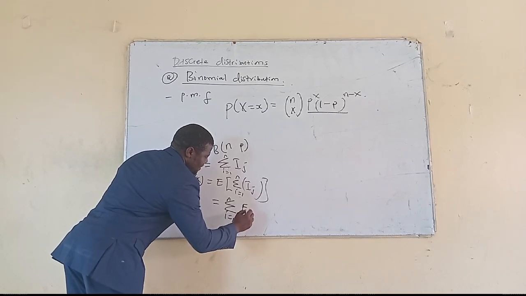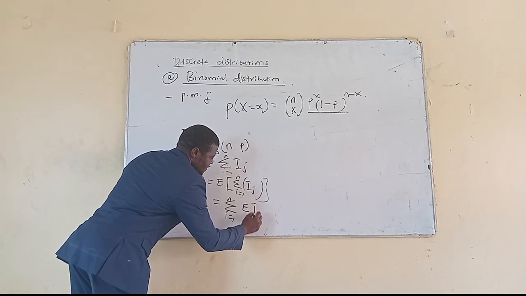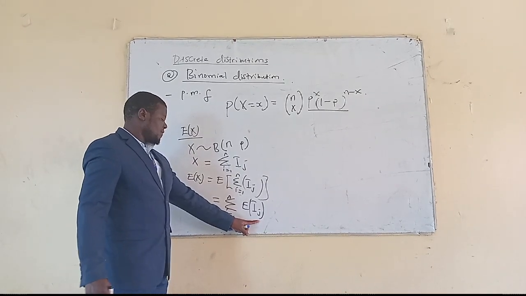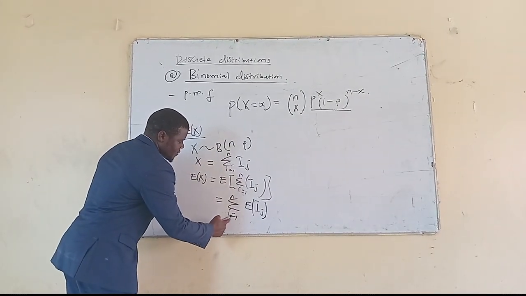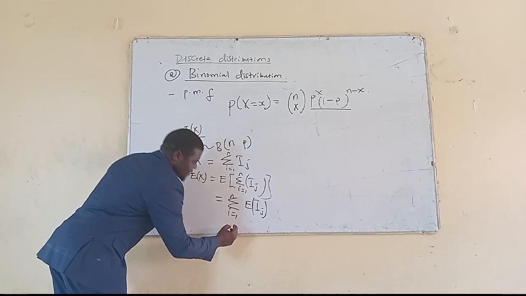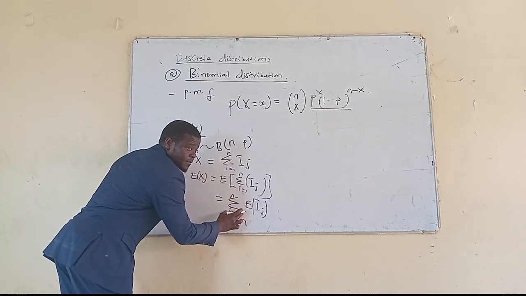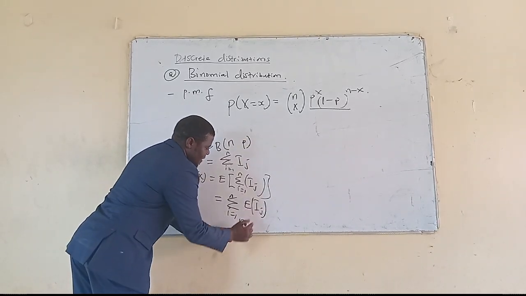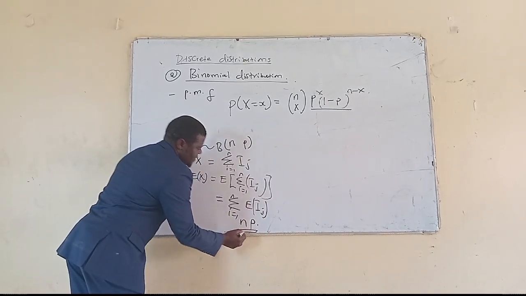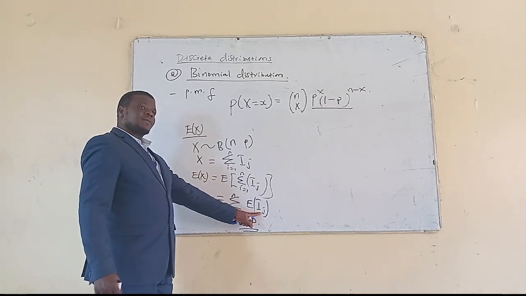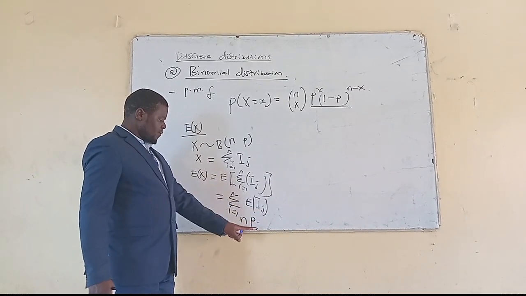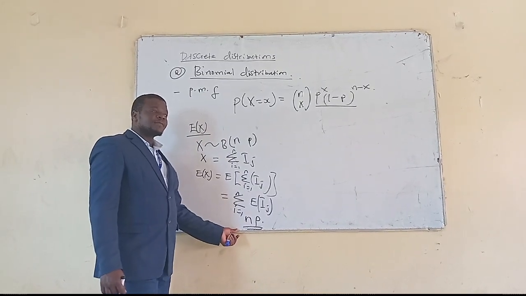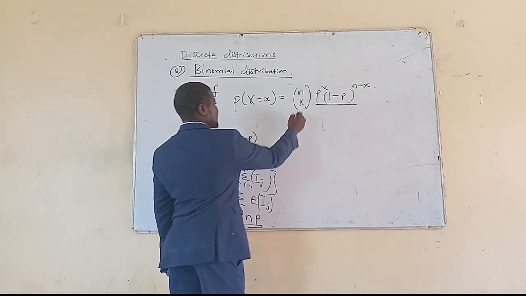You bring the expectation inside, one of the properties of expectation. Summing n events, you get n, and for each one you get p, because the expectation of a Bernoulli distribution is p. So for binomial, you get np.